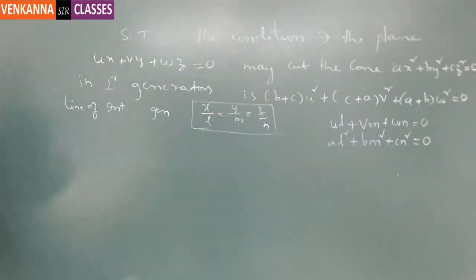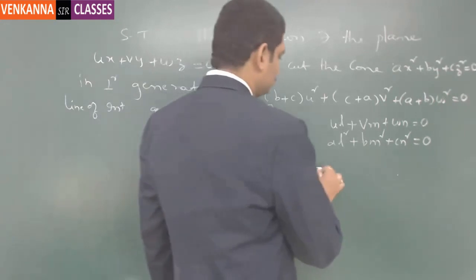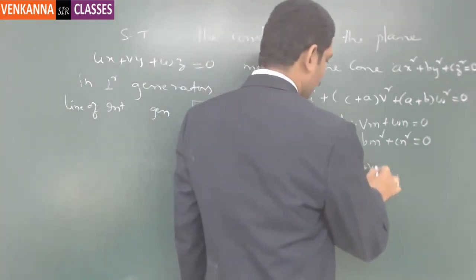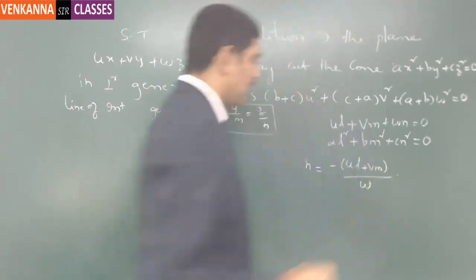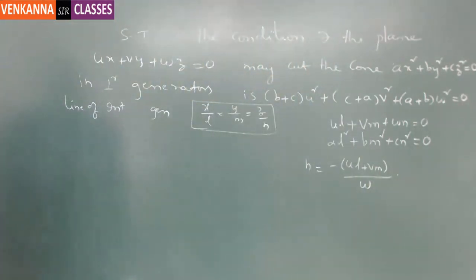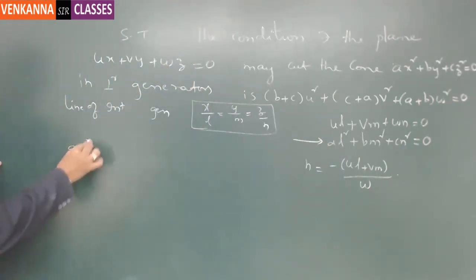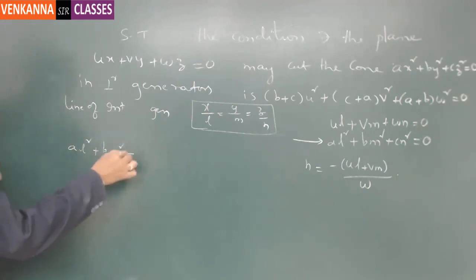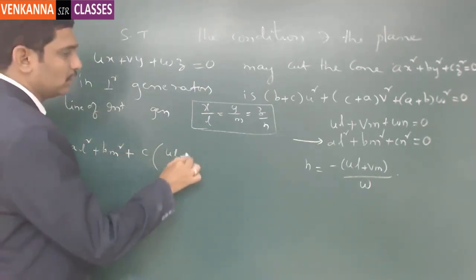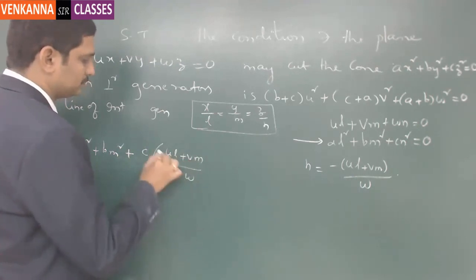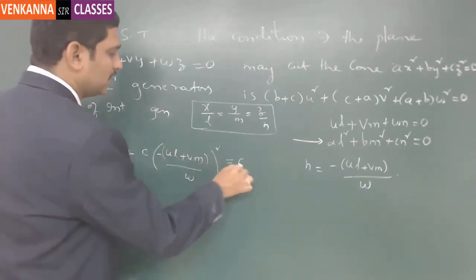From the plane equation, you can eliminate any parameter. If you eliminate the parameter n, then you have n is equal to minus of (UL plus VM) by W. Substituting the value in this equation, you have AL square plus BM square plus C into (UL plus VM) whole square by W square equal to 0.